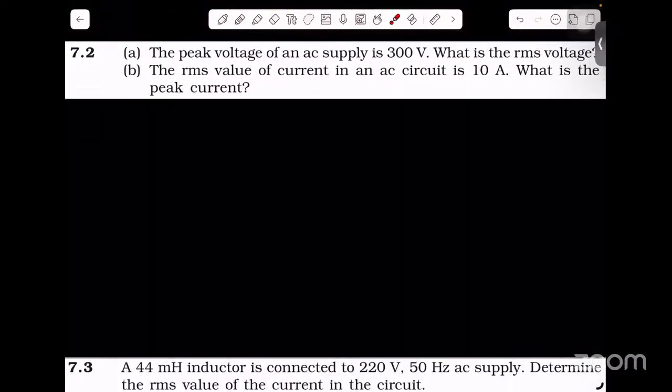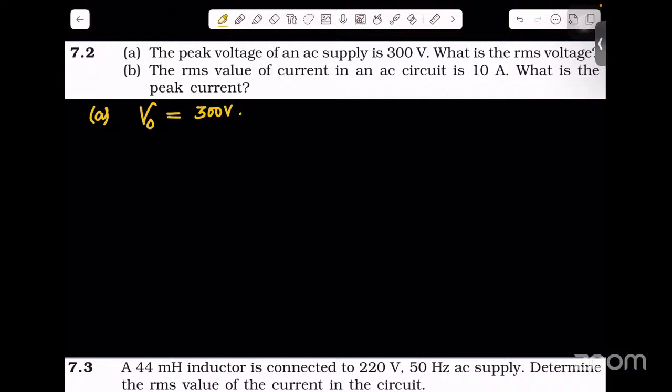Here's the second question in front of us, and it says the peak voltage of an AC supply is 300 volts. What is the RMS voltage? So let's first solve the first part. We have been given the peak voltage, that is V naught, or the amplitude of the voltage, is 300 volts.